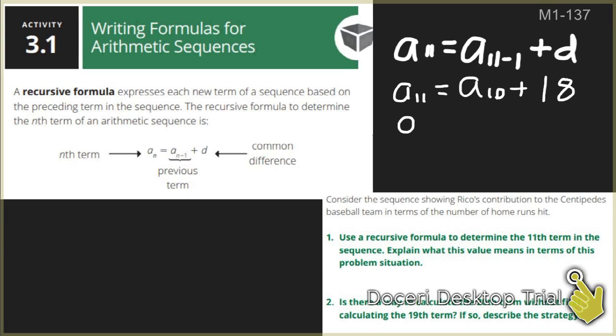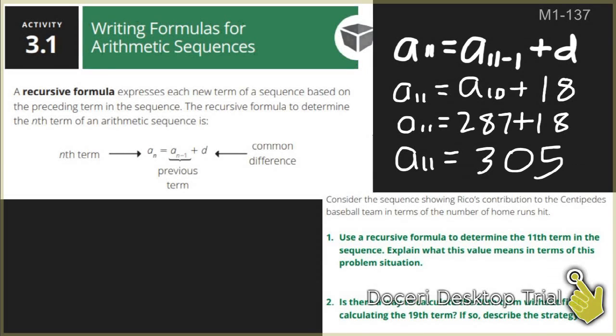So really what we have is A11, which means the 11th term, is 287 plus 18. And then we just do 287 plus 18, and we get the 11th term is equal to 305. Okay?